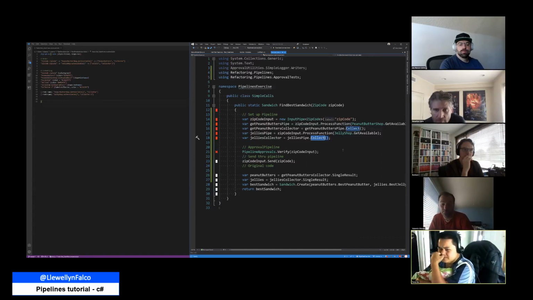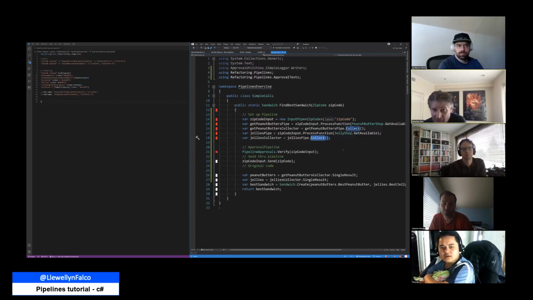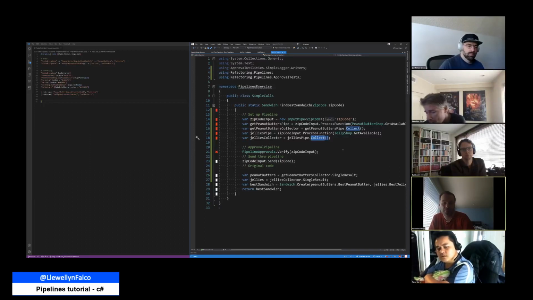So yeah, that collector feels like there's some extra step that we don't have to do. But you need to do it at this moment. So it's only temporary because the collectors help you to get the value back.